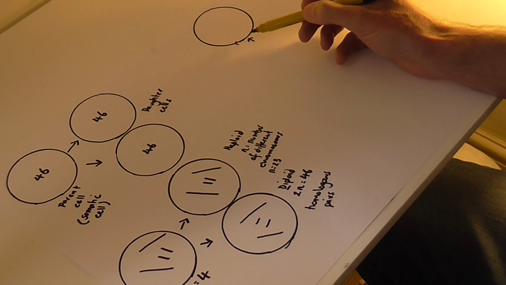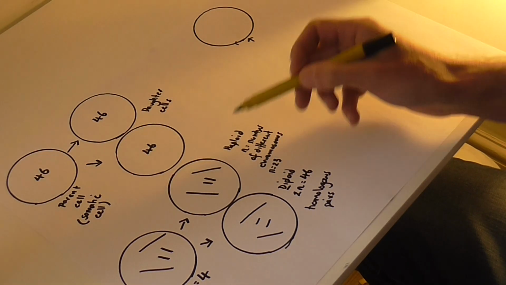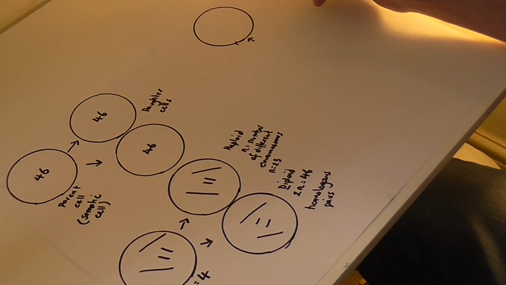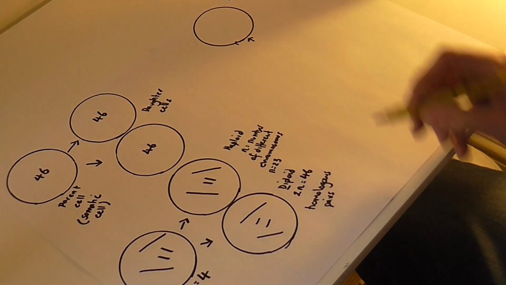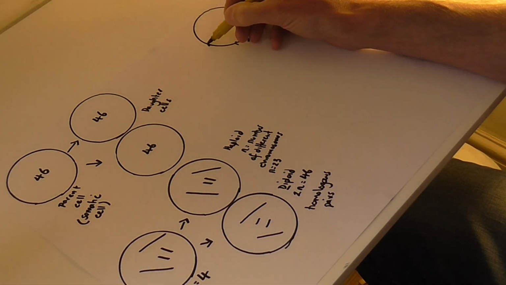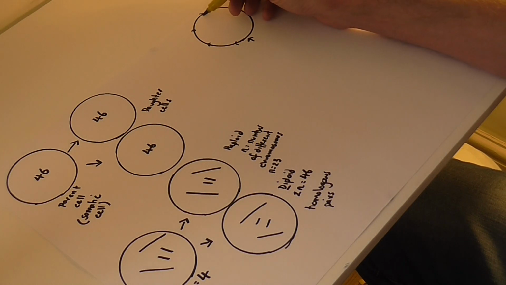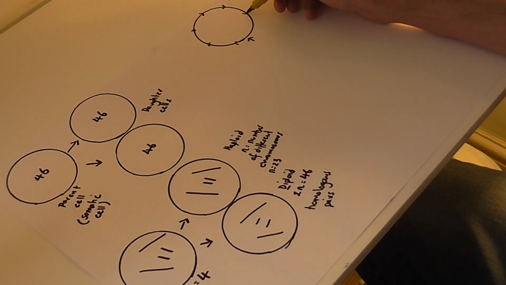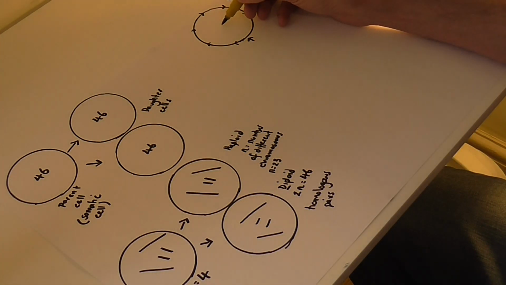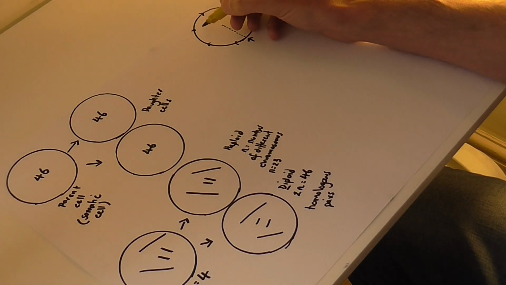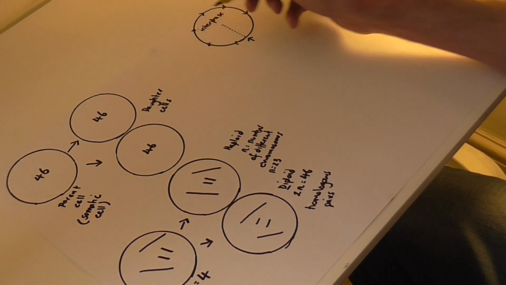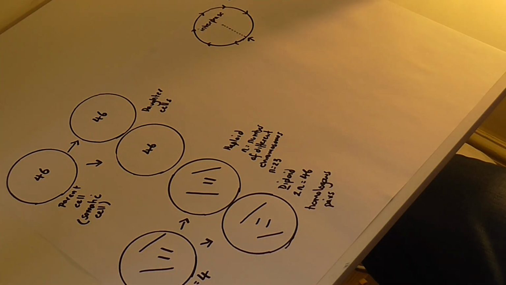If the cell is formed at this point just here, the cell spends most of its cycle, so here is its cell cycle, it spends most of its time in what's referred to as interphase. So the vast majority of a cell's life is spent within interphase. Let's label that just on here. And whilst the cell is in interphase, it's just carrying out its function.